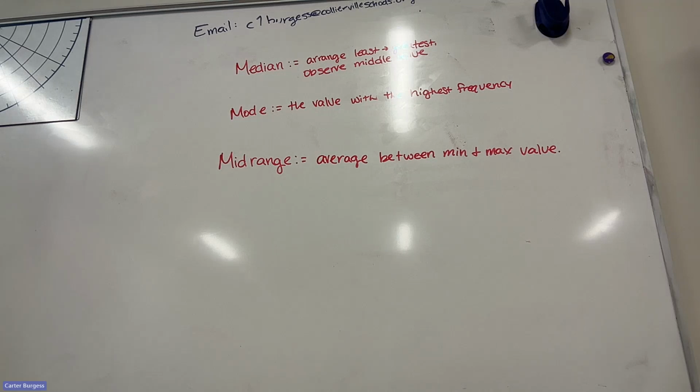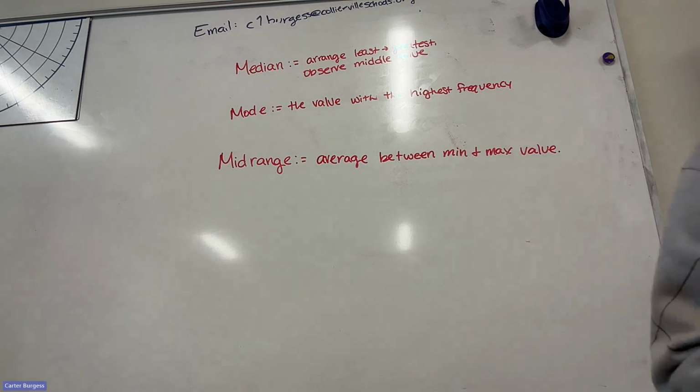And then second one, we'll do L1, and then enter, and then go back into stat, take a look at your list, and you will see that it has been sorted for you.